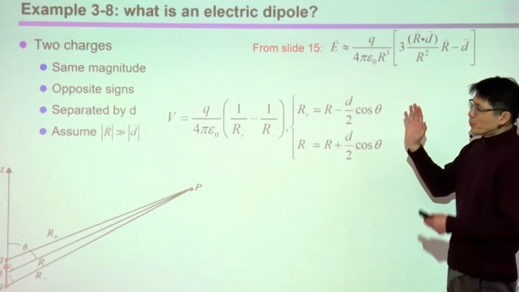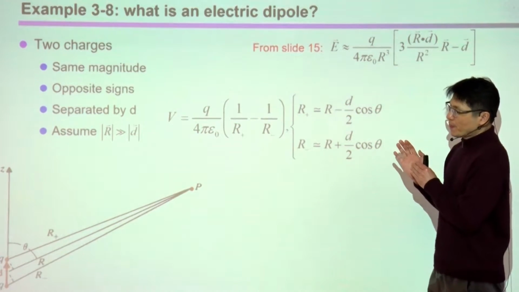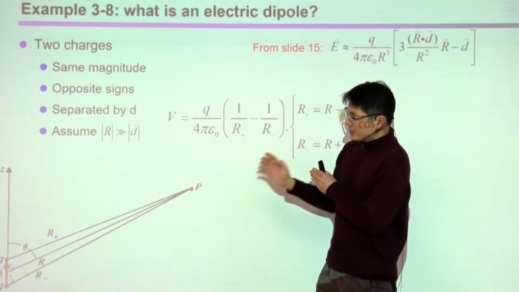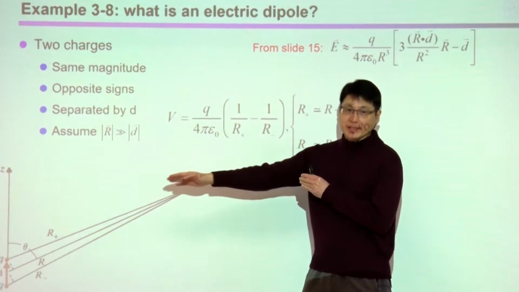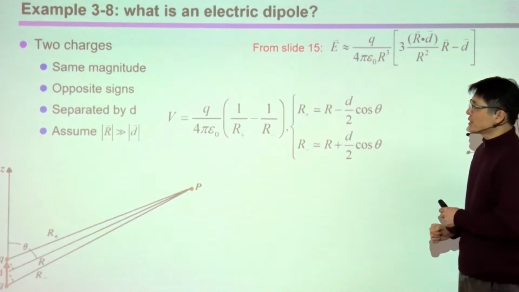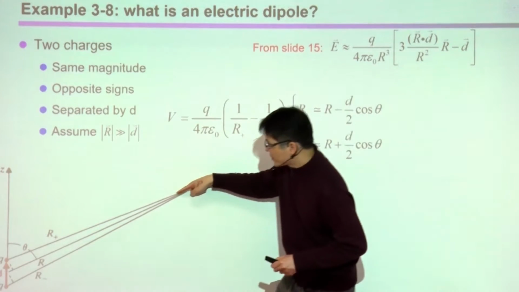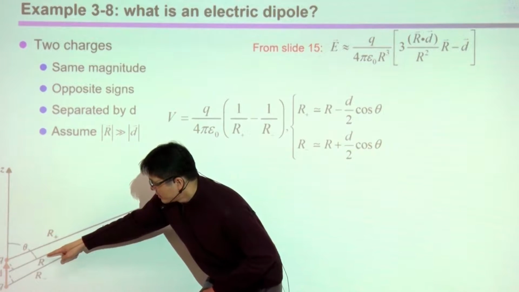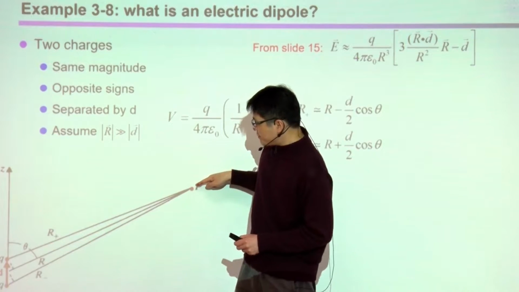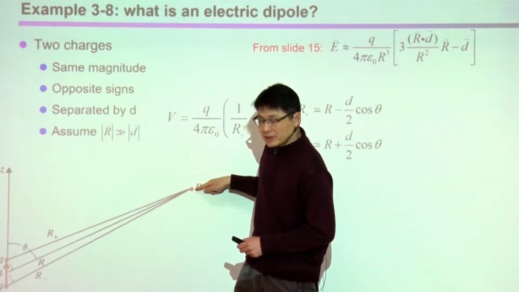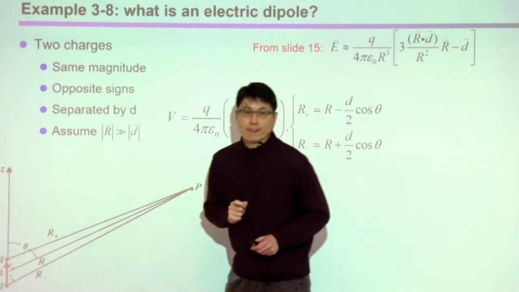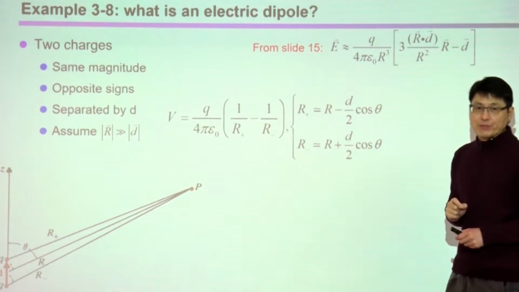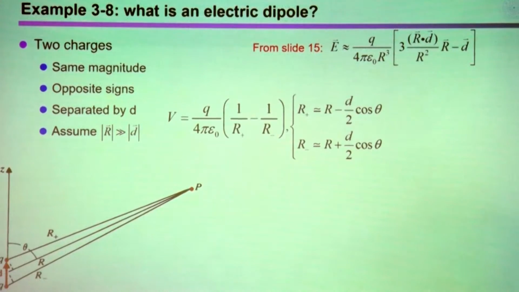Now, because we're still assuming our distance is very far away from the dipole, this r plus is r. R is my position relative to the origin in the spherical coordinate system. Okay?